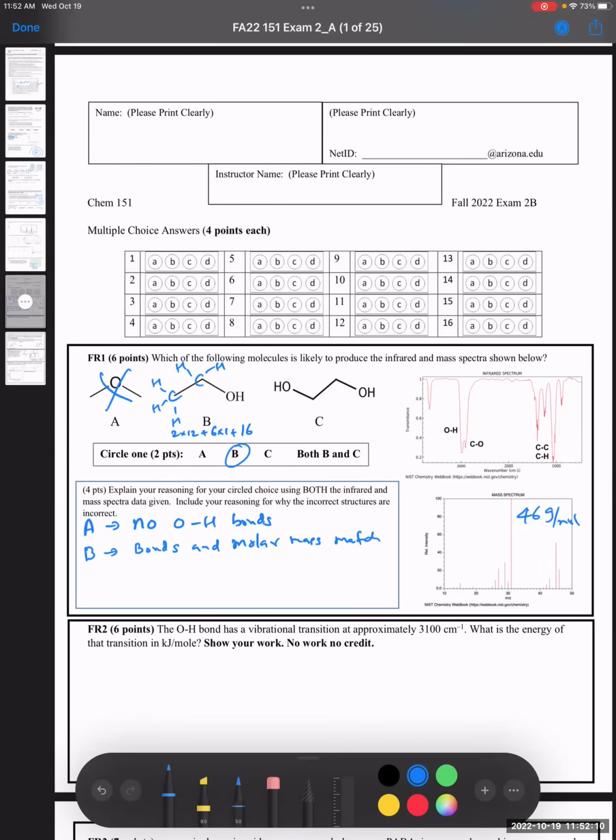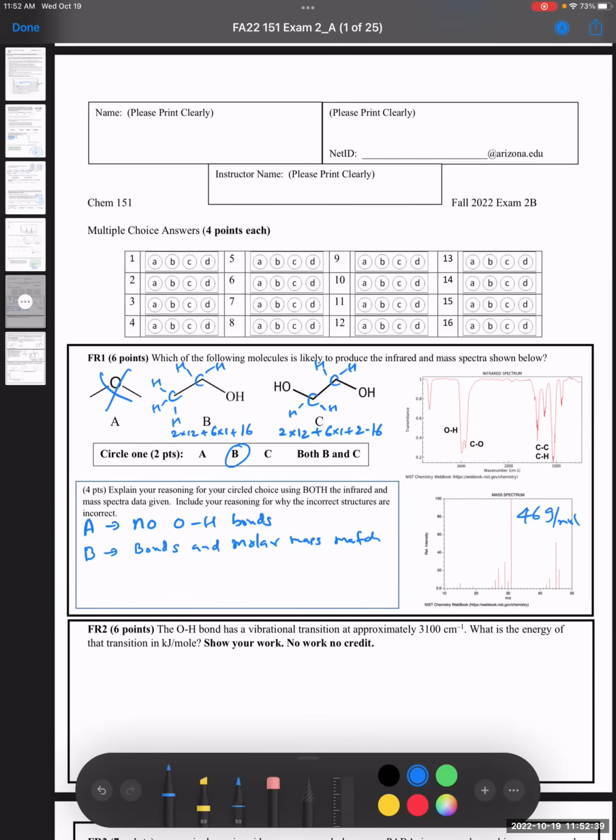And option C, we again have carbon carbon, and the common bonding pattern is fulfilled by carbon hydrogens. If you calculate the molar mass for this, 2 times 12 plus hydrogens, we have 6 times 1, plus we have 2 oxygens as well, that means 2 times 16.